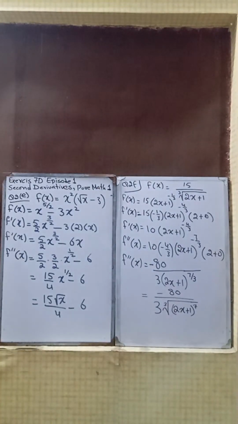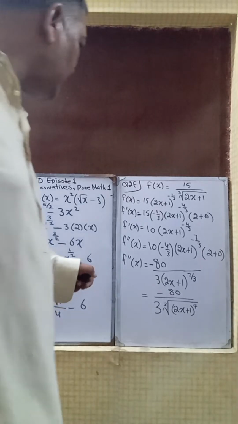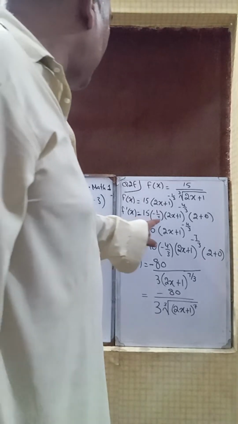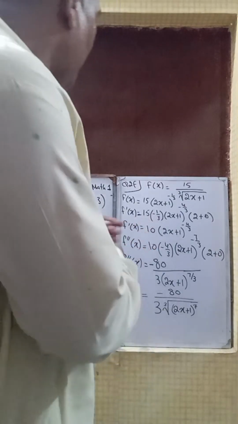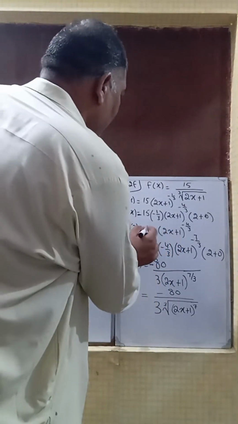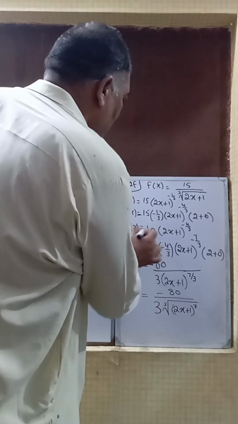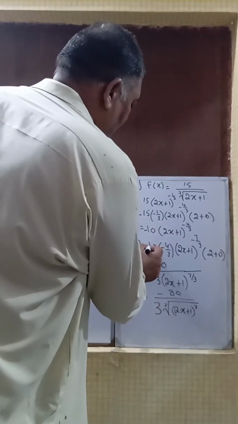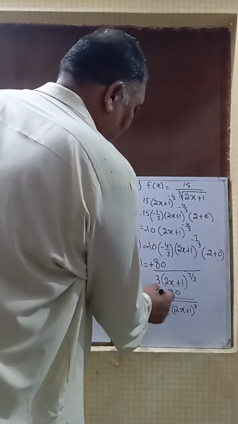Let me check. 80. They have not written a negative sign here. Why have they not written a negative sign? So let me check. Oh yeah, here is a negative sign. You see? This is a negative sign. So this becomes positive.